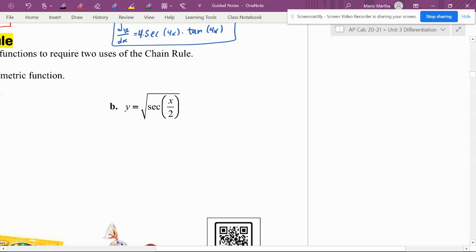So again, you see a square root. The first thing that should come into your head is, okay, rewrite it with parentheses. So that's the secant of x over 2, and then that raised to the 1/2. I'm going to assume this is a single unit. So what's the derivative of that exterior part, something raised to the 1/2?